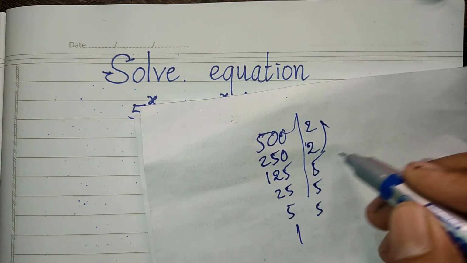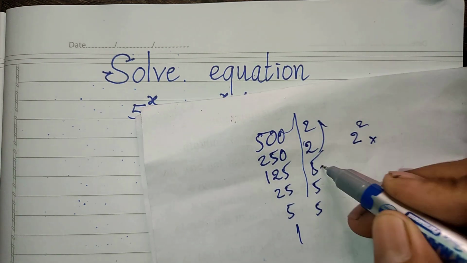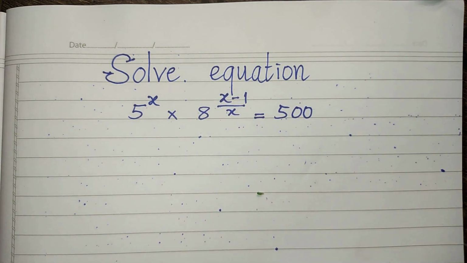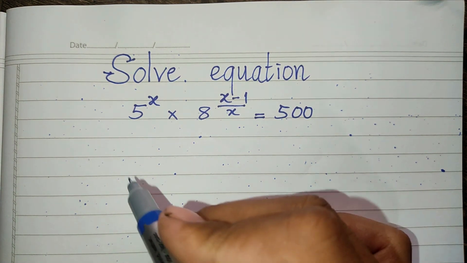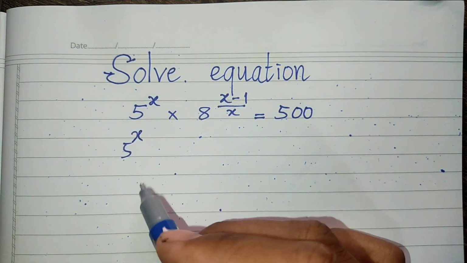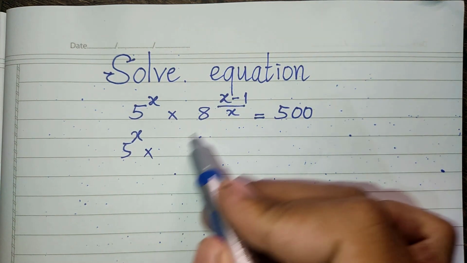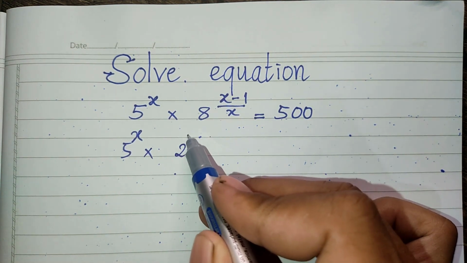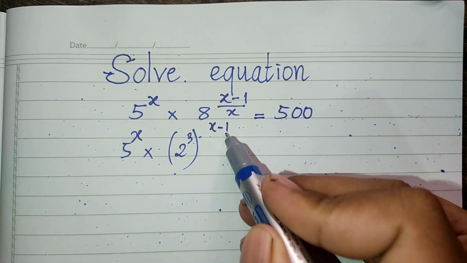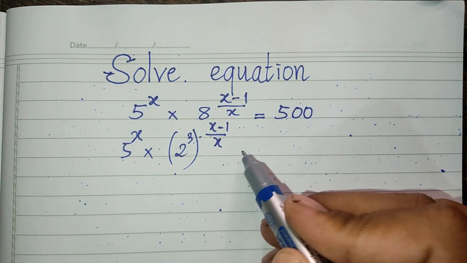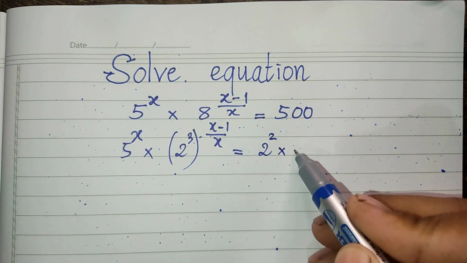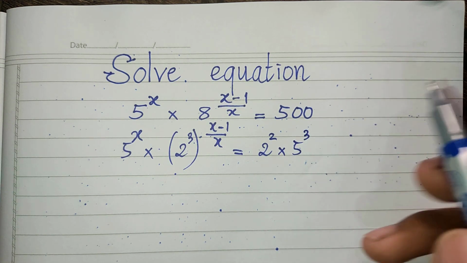So this is equal to 2 squared multiplied by 5 power 3. Now this equation we can write as 5 power h multiplied by 2 power 3 to the power (h minus 1) divided by h equals 2 squared multiplied by 5 power 3.